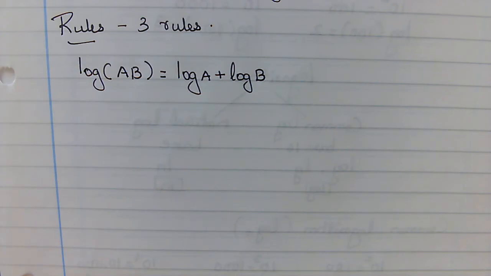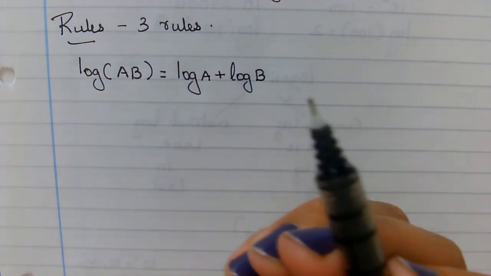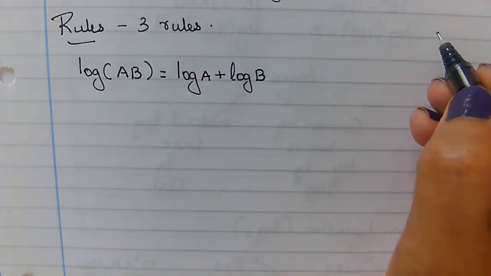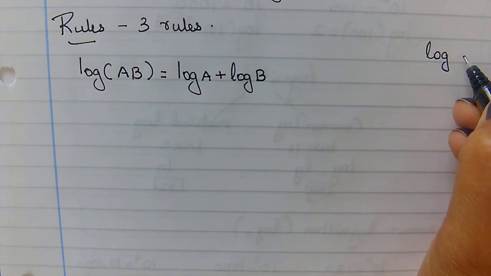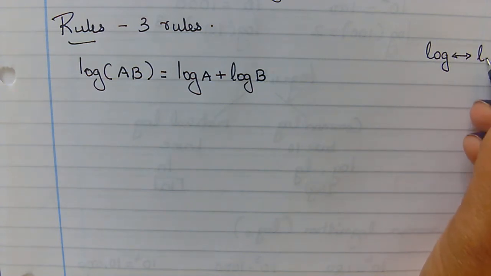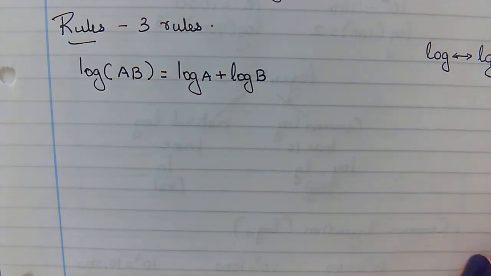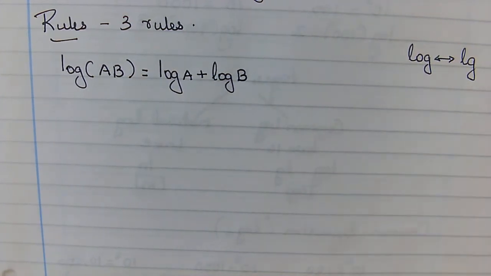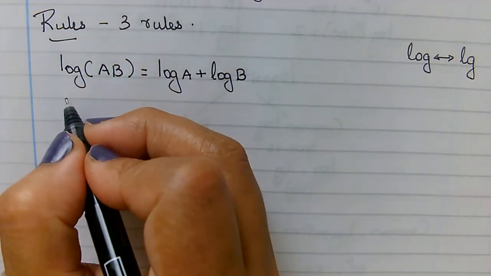Now I would like to mention one thing. Sometimes in your physics papers, I might have mentioned it already, instead of log you might also see lg. So that is the same as log to the base 10.